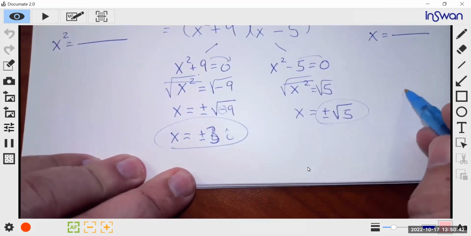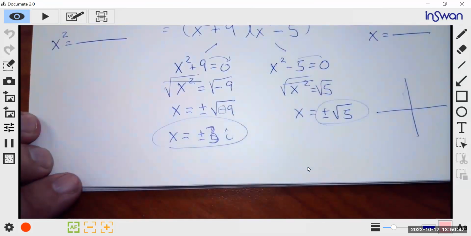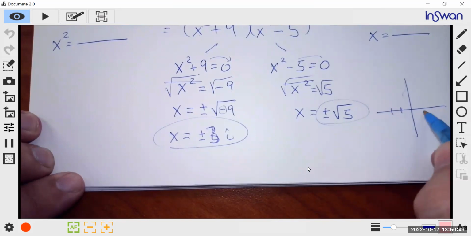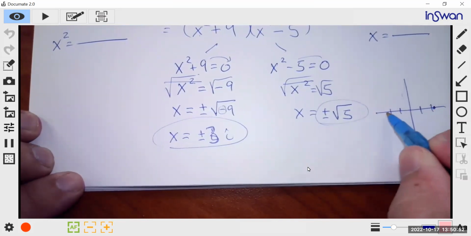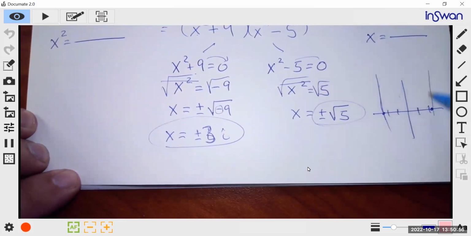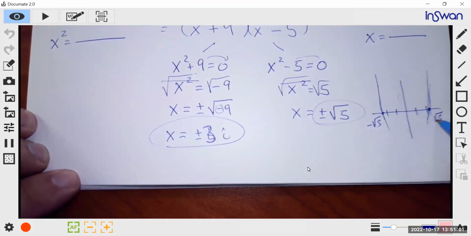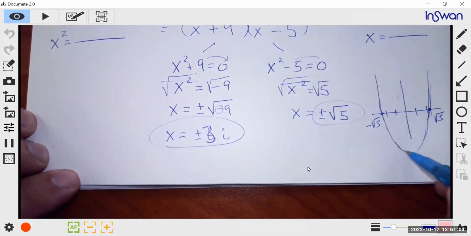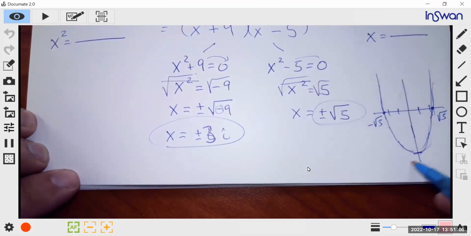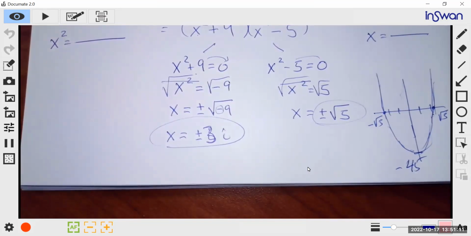So that means our graph would look like what? Since it's quadratic in form, it crosses at negative square root of 5, positive square root of 5. And it goes down to negative 45. Because these do not contribute anything.